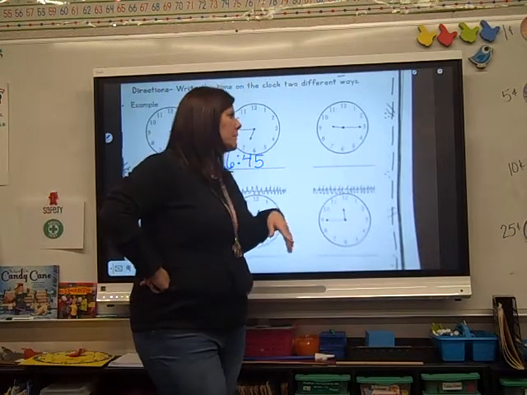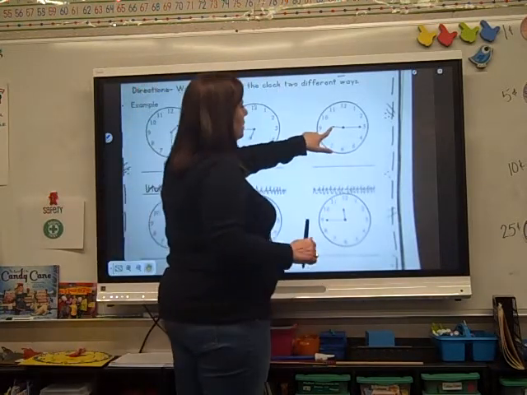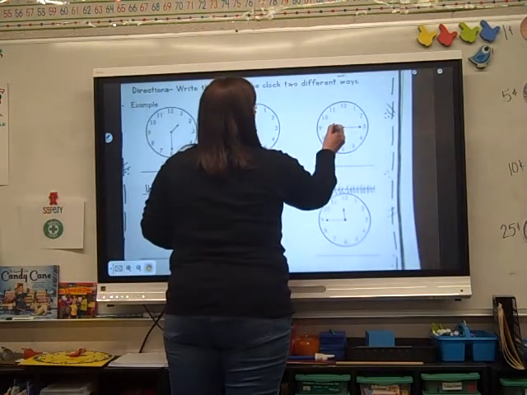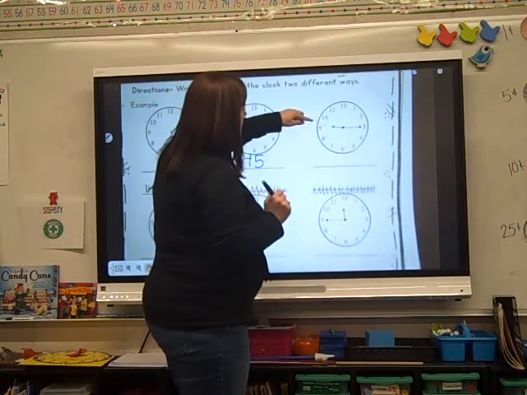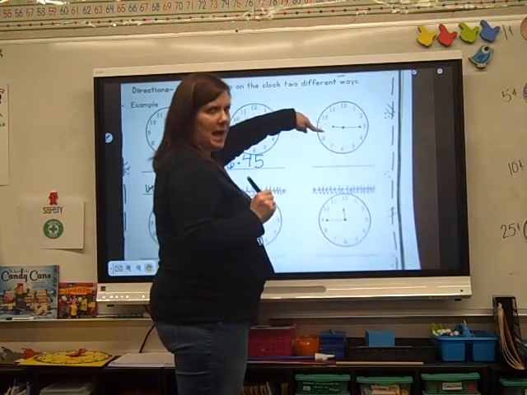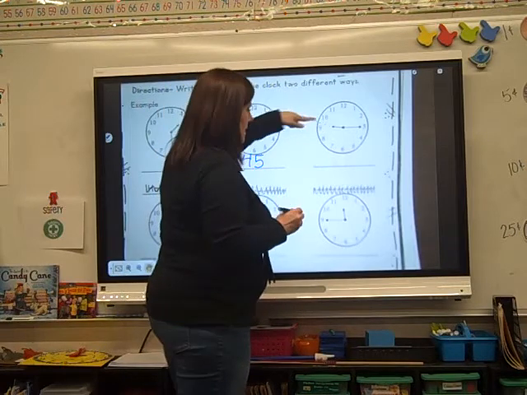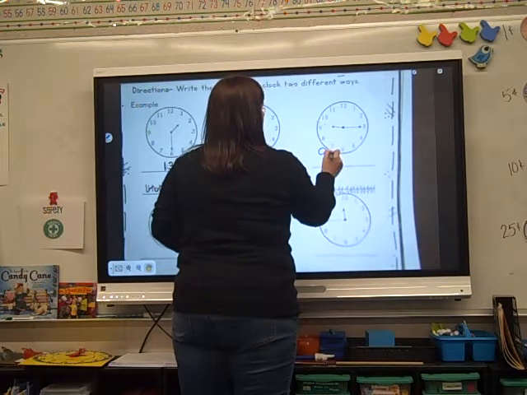Okay? All right, let's look over here. Find the short hand. Here's the short hand, and let's look. Is that short hand on the 10 yet? No, it just passed the 9, so it's still 9 something. So 9, put your colon.